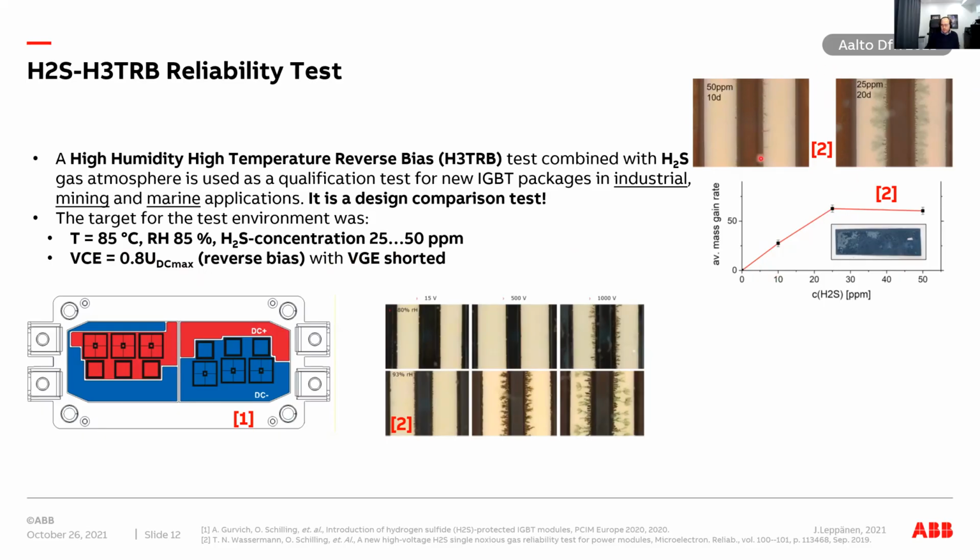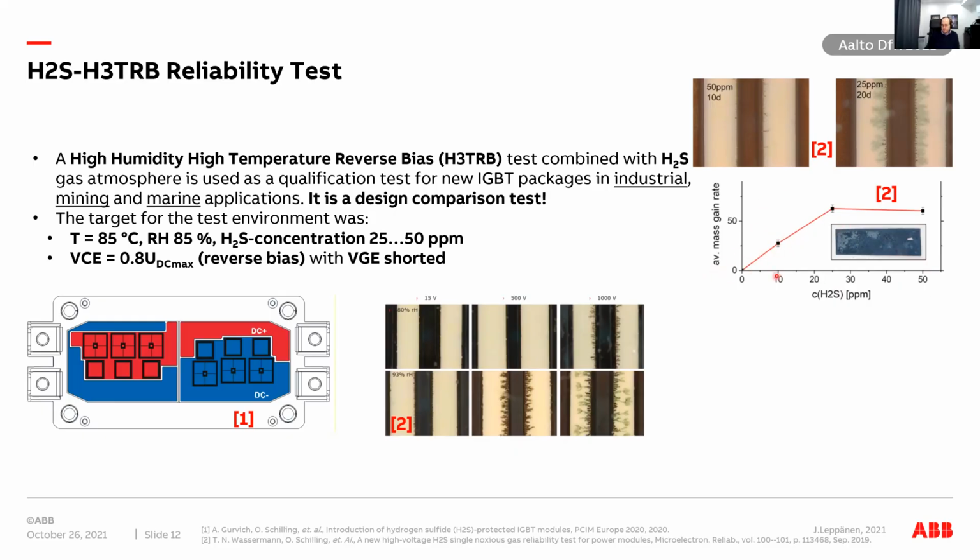And then it was realized in one paper that typically the mass gain is measured with this kind of a copper or silver coupon: how much will it gain mass during the test? That's a really common way to measure the corrosion effect during the test or during the operation in the application.